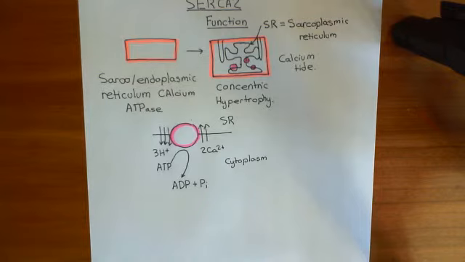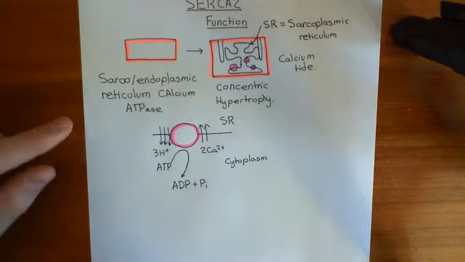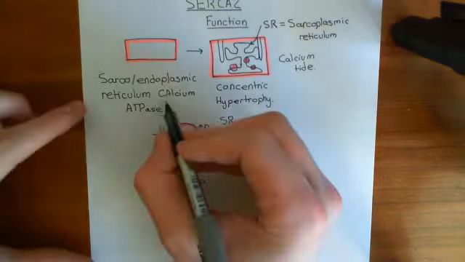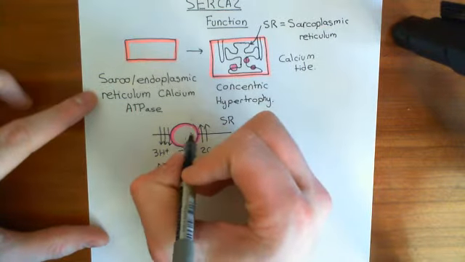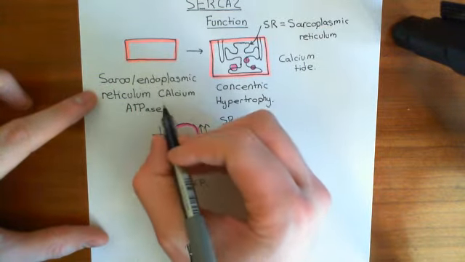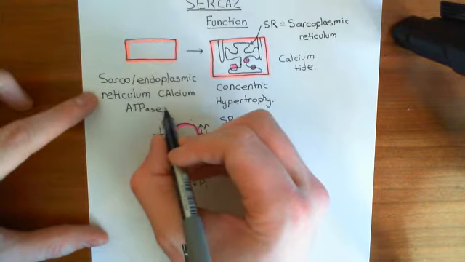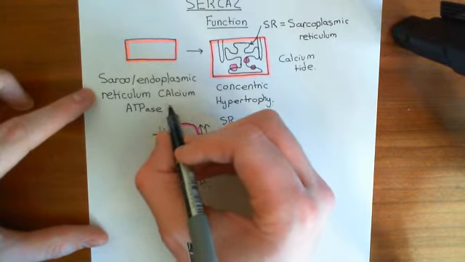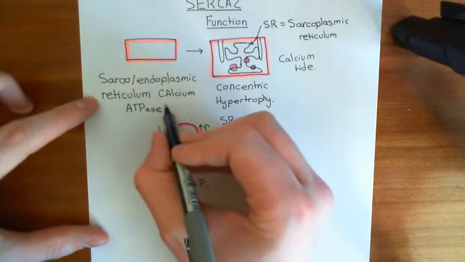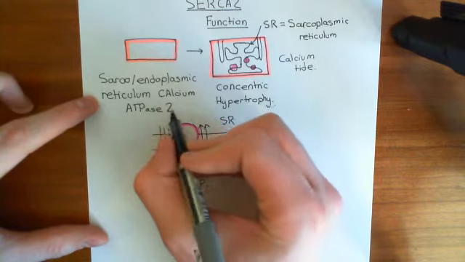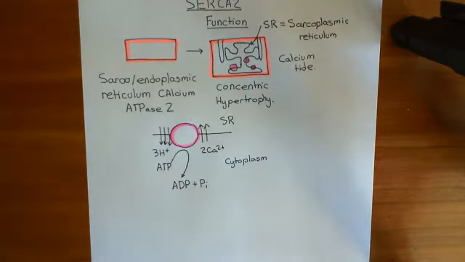Let me add one more bit of information. There are different forms of the proteins that make up this pump, differing isoforms of SERCA, and the SERCA found in cardiac muscle cells is the SERCA2 pump. Specifically it's SERCA2 that you find in cardiomyocytes.